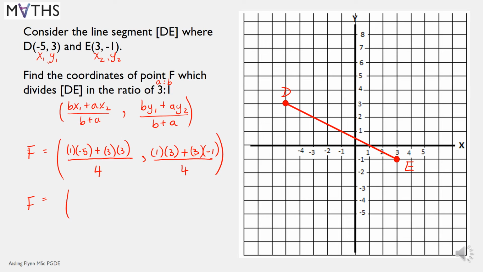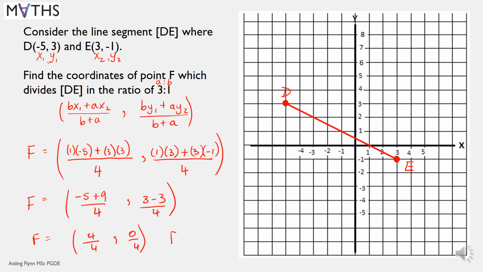So I will get minus 5 plus 9 over 4, and for the y coordinate, we'll get 3 minus 3 over 4, which is 4 over 4, comma, 0 over 4.